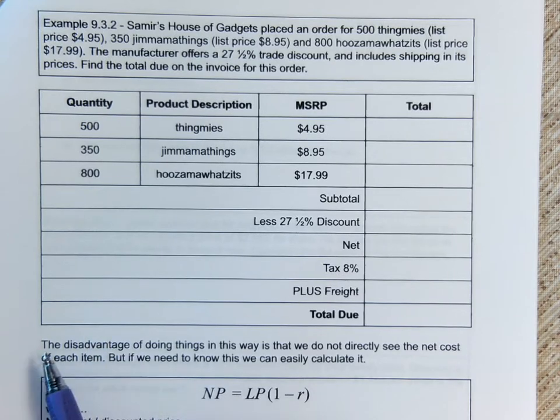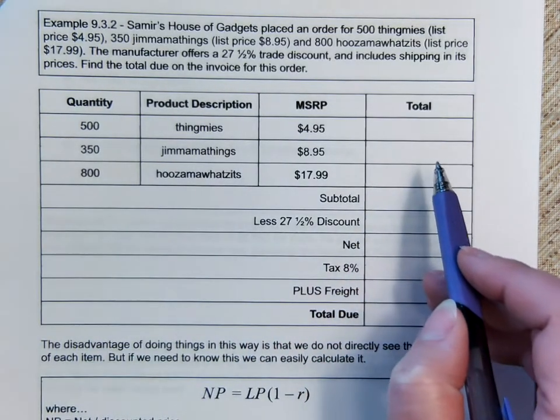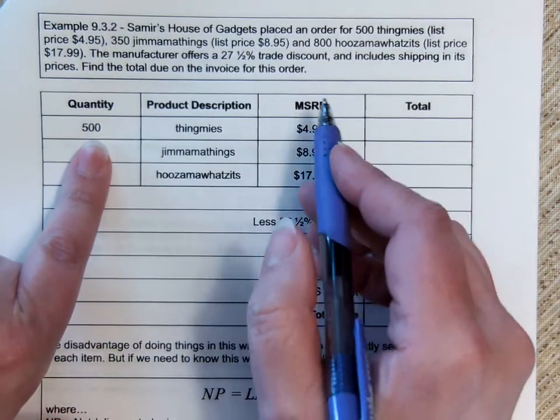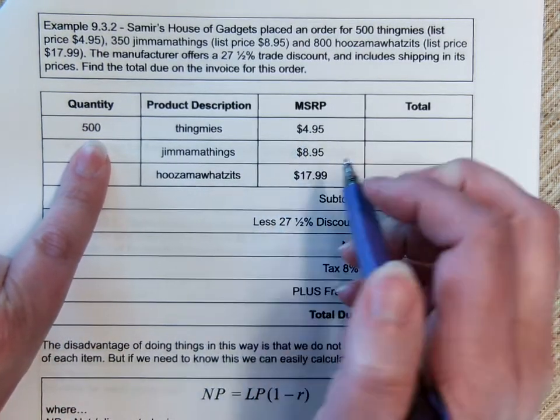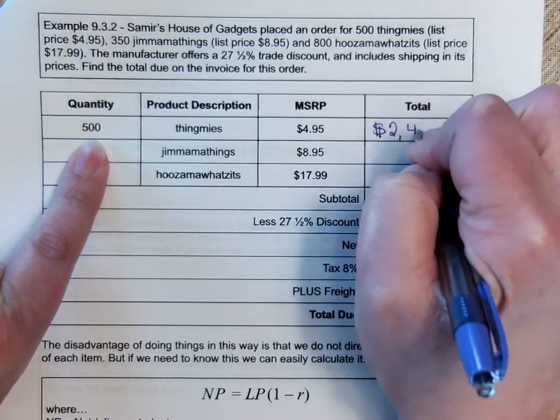Okay. So the first thing we're going to do is we're going to find our totals. So we have 500 times $4.95, and that's going to be $2,475.